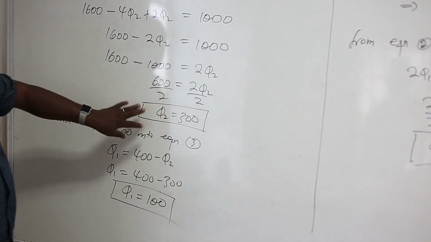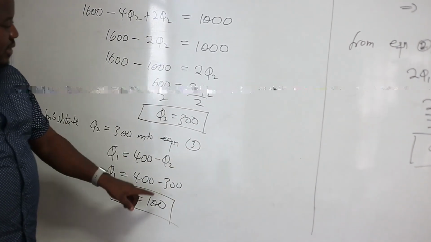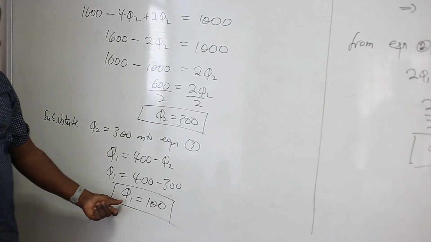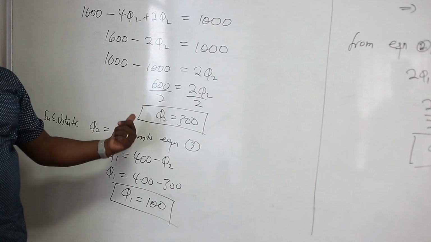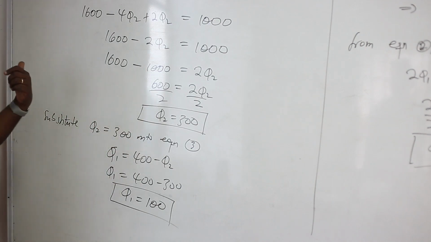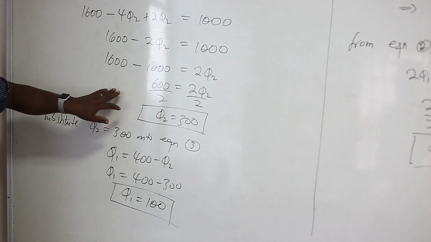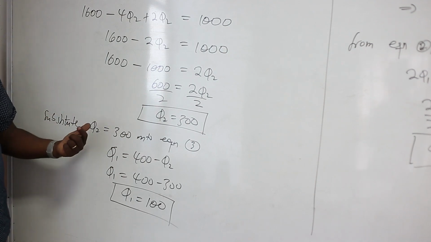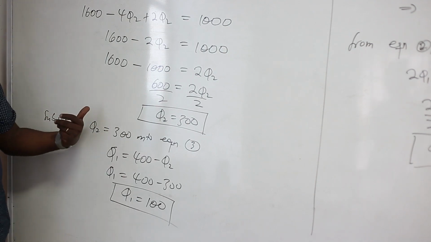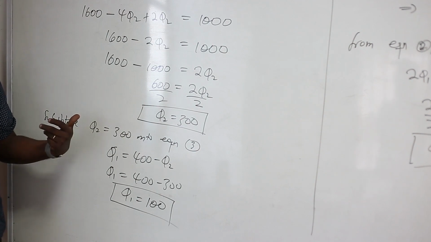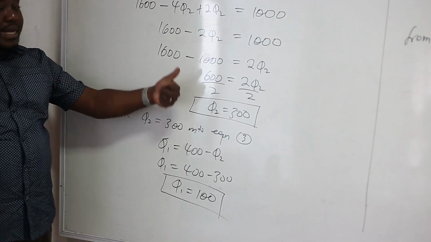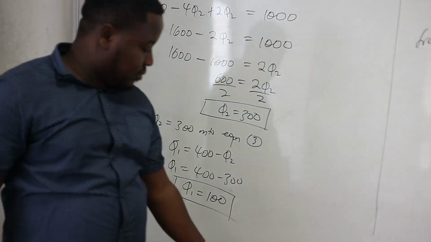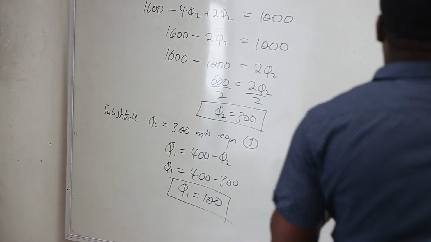So this Q1 is equal to 100 and Q2 is equal to 300 are quantities that optimize the firm's profits. But at this point, we don't know whether they maximize the profit or minimize the profit. If we want to find out whether they maximize or minimize the profit, we have to apply the second order conditions.